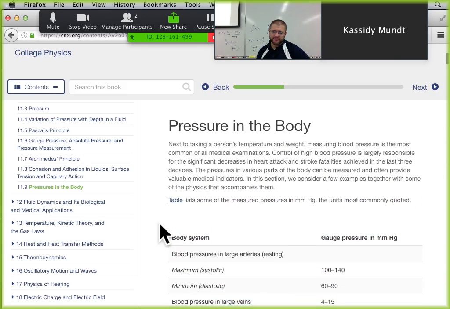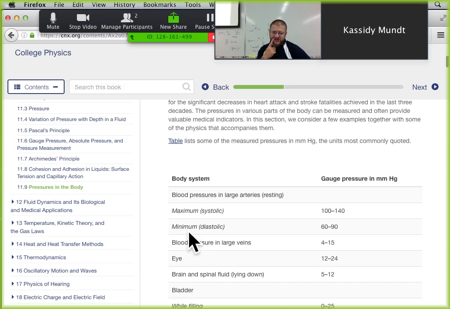Diastolic, that's right. Essentially, that's a gauge pressure measurement, which means it's measured relative to the atmosphere around us. The systolic is your maximum blood pressure, and your diastolic is your minimum blood pressure.